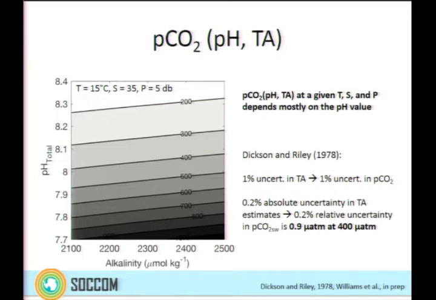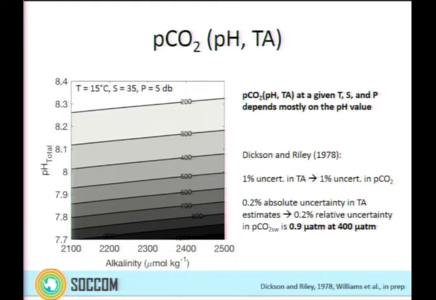So in this figure, I've plotted pH versus alkalinity and the calculated PCO2 at a given temperature, salinity, and pressure. And these lines are more horizontal than they are vertical. So at a given pH, at these conditions, the PCO2 depends mostly on the pH and less on the alkalinity.